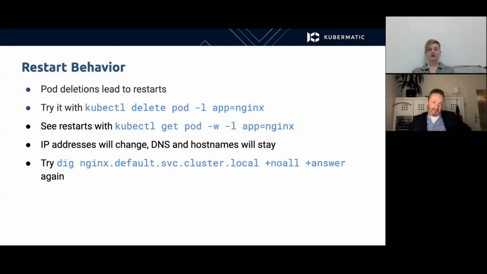And what is very interesting is the IP addresses themselves will change, but the DNS host names and the host names will stay. So your application, which is relying on this information, can reuse it. And if you do your digging again, you see how these addresses changed, but the names are the same as before. And that's what we want.